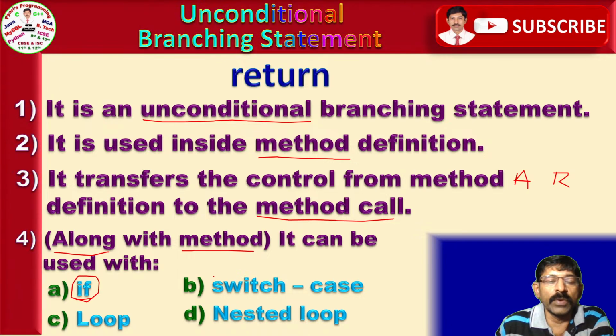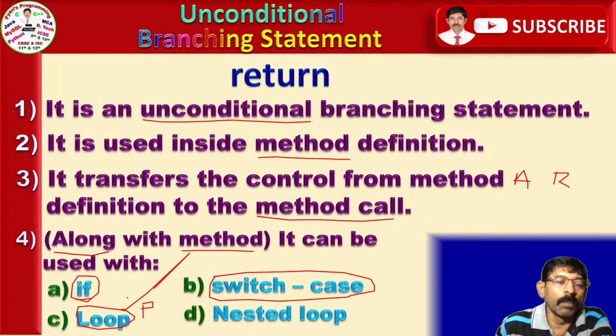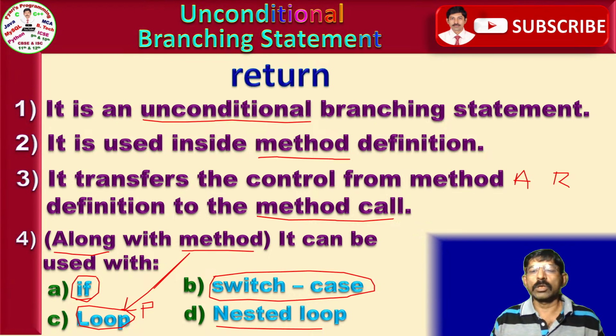Inside a method, if I'm having switch case, with the switch case I can use return, where multiple return statements can be given. With the method, if I'm having a loop, I can use the return statement inside this. For prime number, I have shown you how to use it with method and loop. With the method, we can use it with the nested loop also. Understood all the points, 10th class?